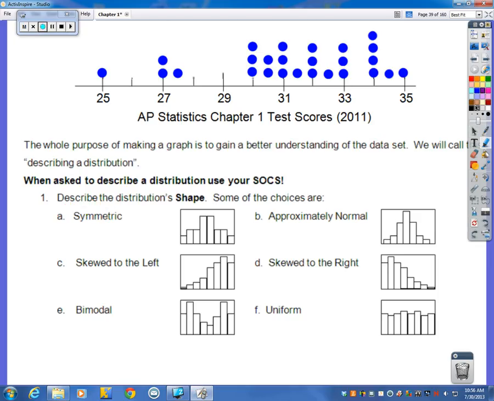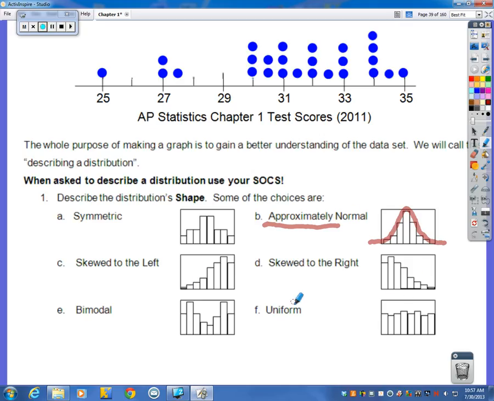Okay, now approximately normal, which hopefully you remember seeing something similar to this. Approximately normal just means it has this bell-shaped curve, and we will definitely talk more about normal distributions later. So you're looking for this bell-shaped curve, roughly, approximately, as you will. Skewed left, skewed right.